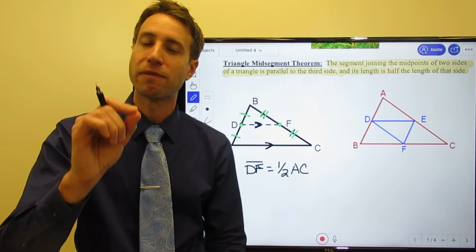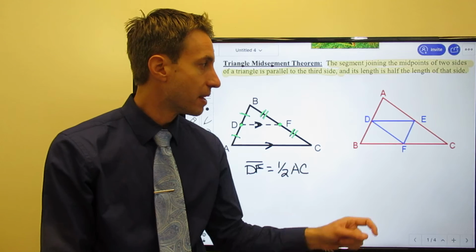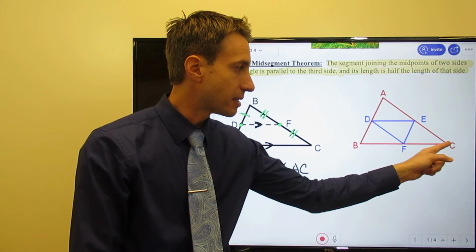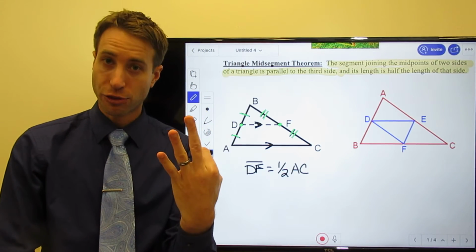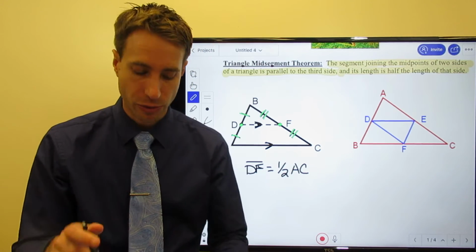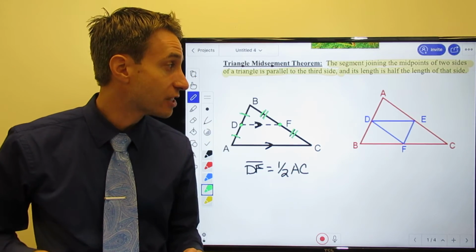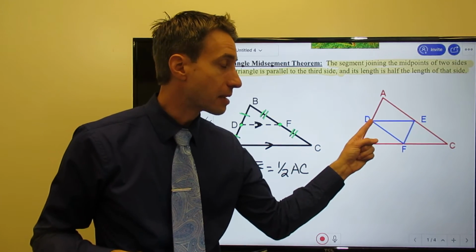Now, it goes a little bit further than that. There's a lot more relationships we need to talk about. What I've done is I've taken triangle ABC, and I have drawn my 3 mid-segments. So let's run through this. First, as far as congruent sides go, please notice D is a midpoint.